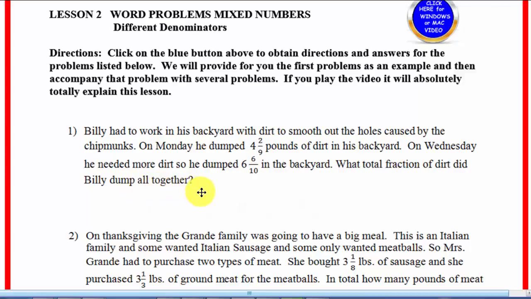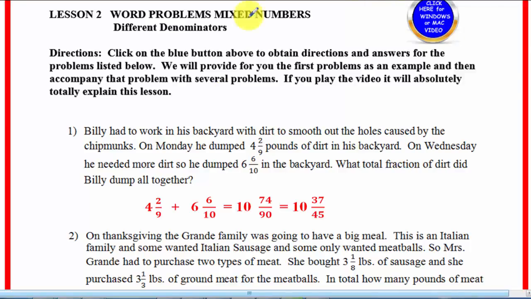So you fully understand what we're talking about, we're going to show you the answer first. All we did was bring these down, 4 2/9 plus 6 6/10. Well, 4 and 6 is pretty easy. That's 10. The problem comes up when we have to work on the denominators.